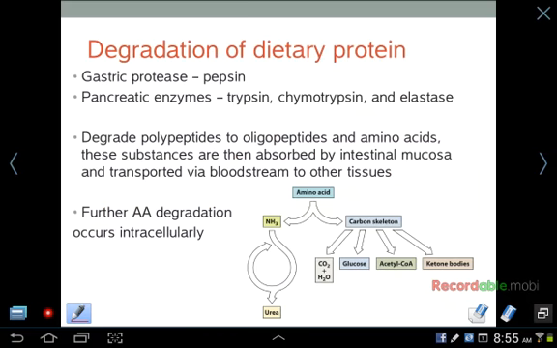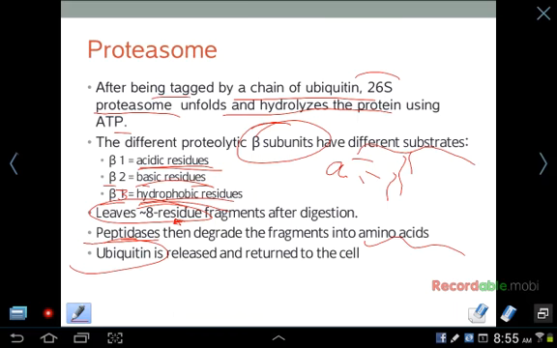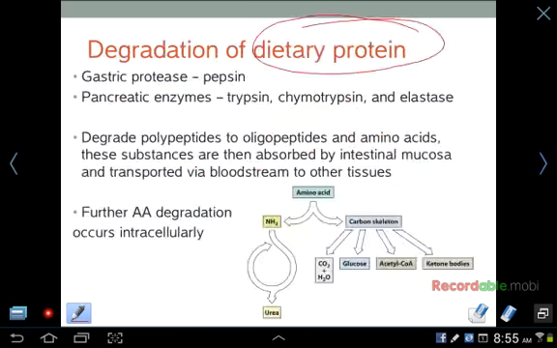So dietary protein, so protein that we consume, is degraded a little differently than proteins from the lysosome and through ubiquitin tagging. So when we eat protein, we degrade it using a combination of gastric proteases such as pepsin, as well as pancreatic enzymes such as trypsin, chymotrypsin, and elastase.